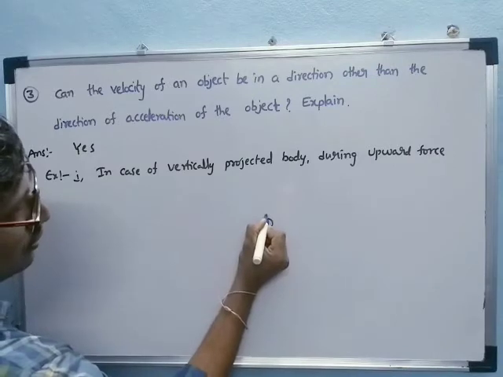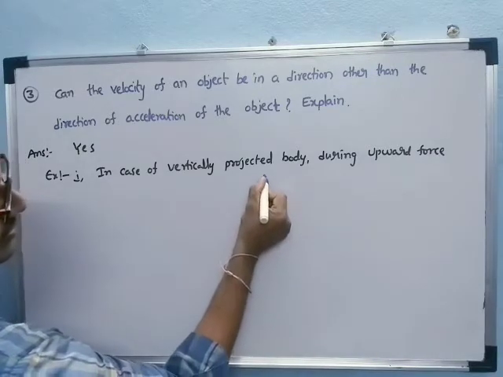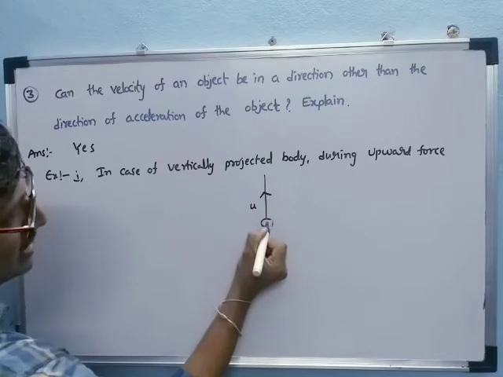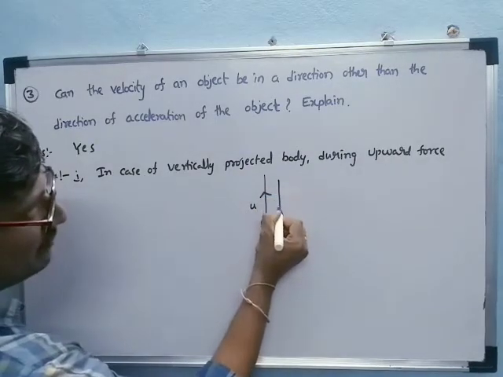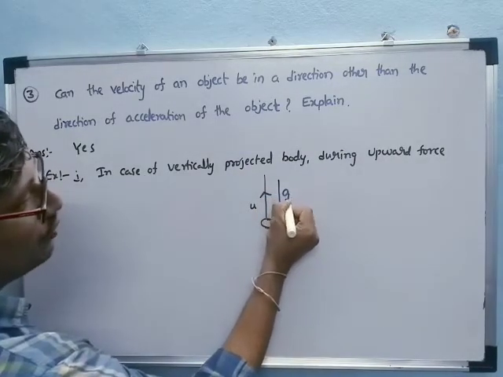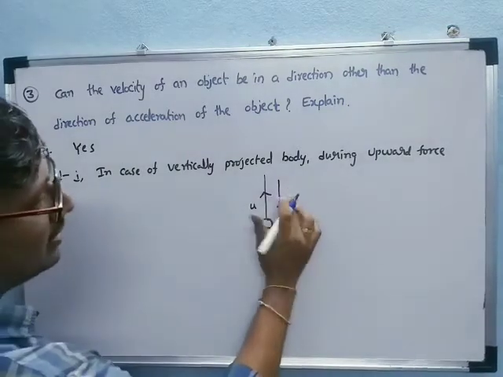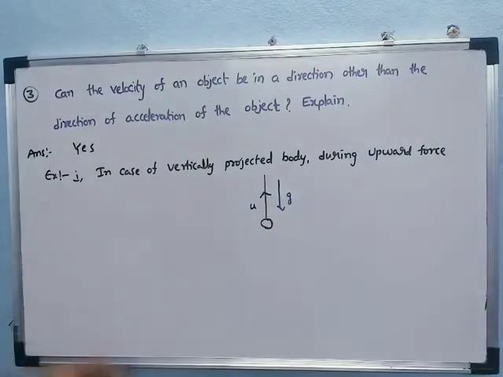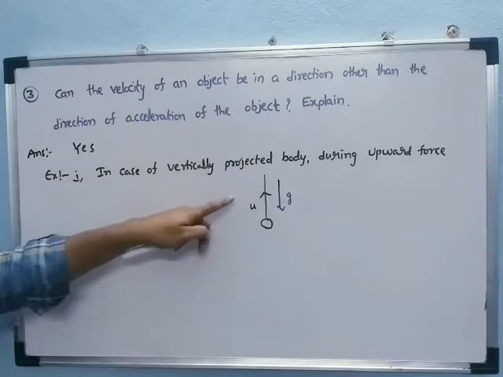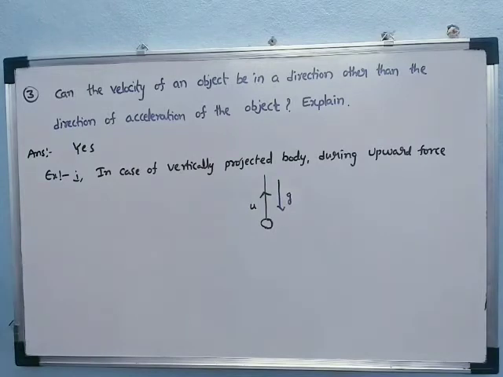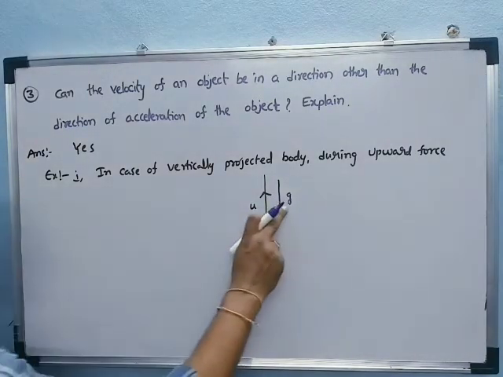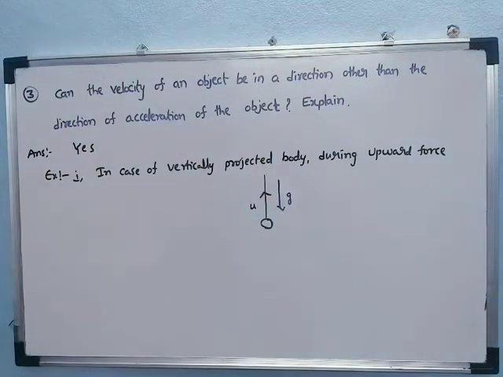Now we throw it vertically upwards. Its velocity is in the upward direction, but acceleration due to gravity is acting in a downward direction. That means the velocity of the object is in a direction other than the direction of the acceleration due to gravity. See, this is the first one.